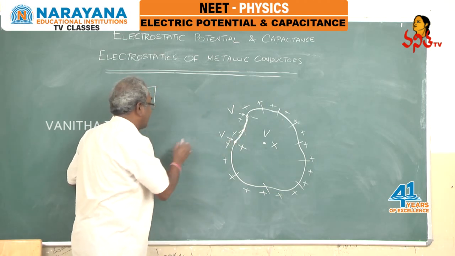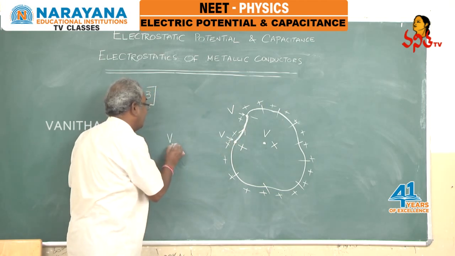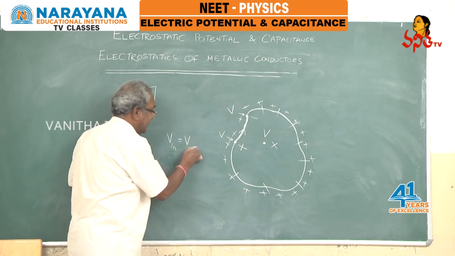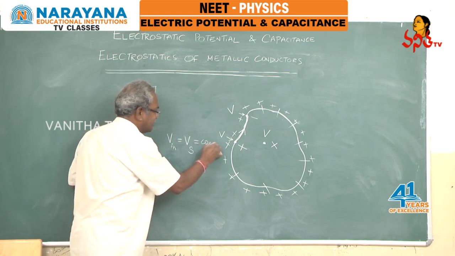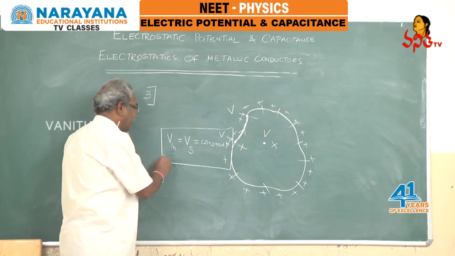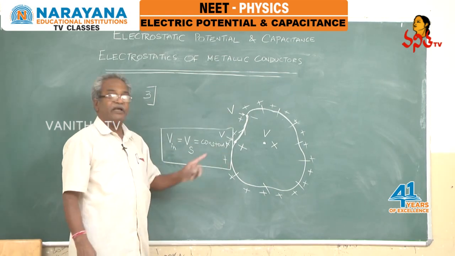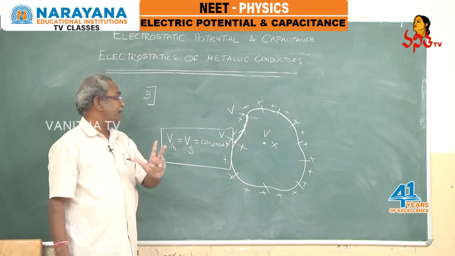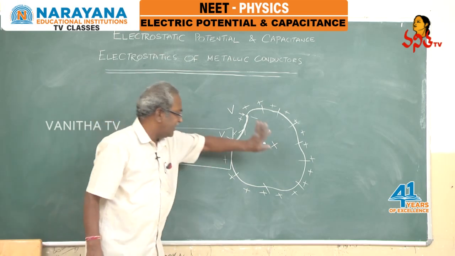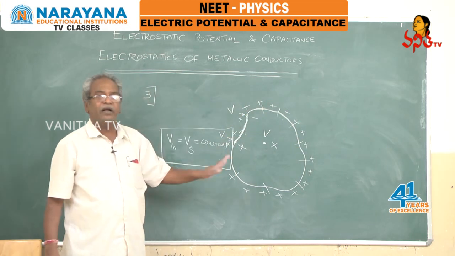Everywhere the same potential must be there: V inside equal to V surface equal to constant. Able to follow? Everything should be an equipotential surface, same potential everywhere inside and equal to that on the surface.